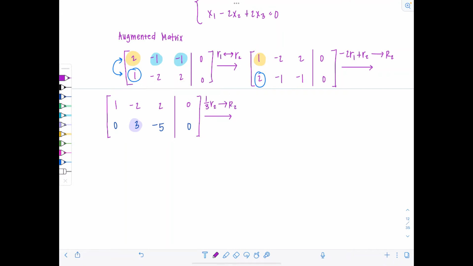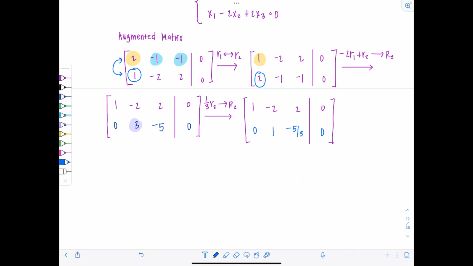Notice again, nothing's happening to row 1. So let's rewrite it first, just because sometimes students are doing wild things to the rows that aren't supposed to change. It can get overwhelming if you're not focused. Okay, so my new row 2 is going to be 0, 1, -5/3, and 0.